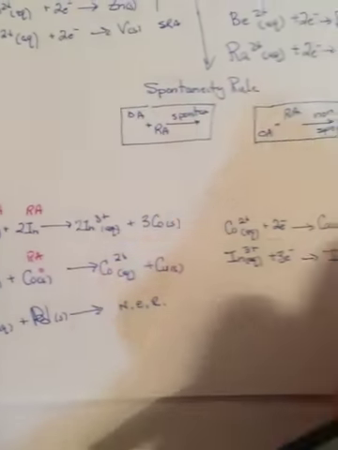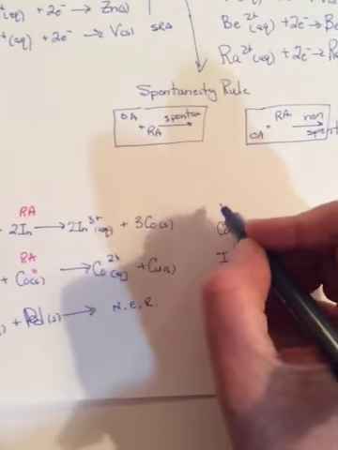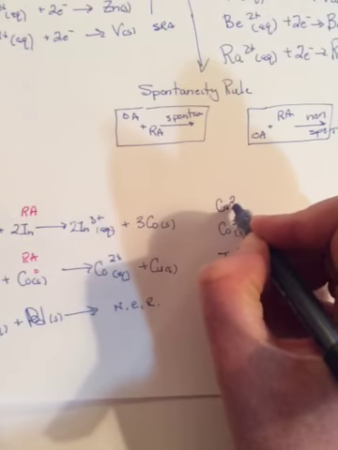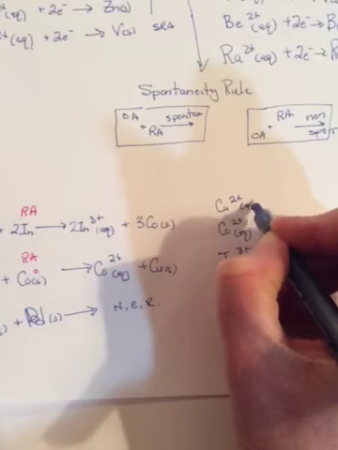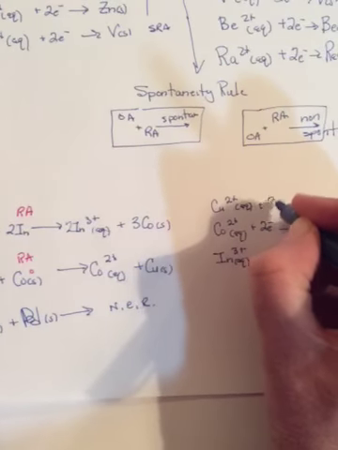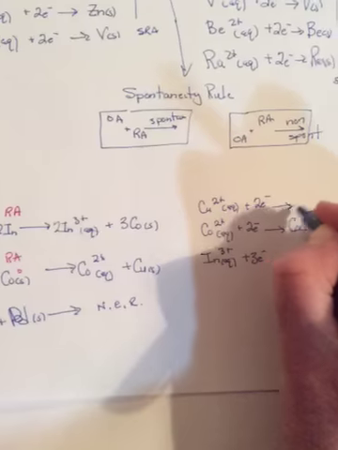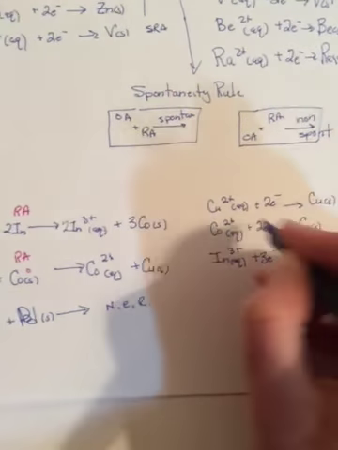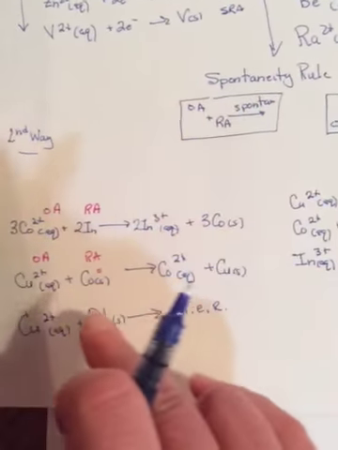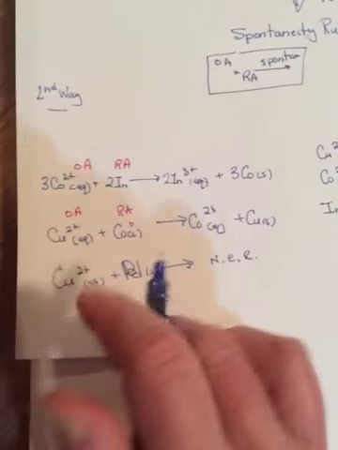And the table. So here's the Co. The Cu has to go above it, so this will be copper 2 plus aqueous plus 2 electrons going to Cu solid. Right? Cu is above the Co. Now we go to the next one.